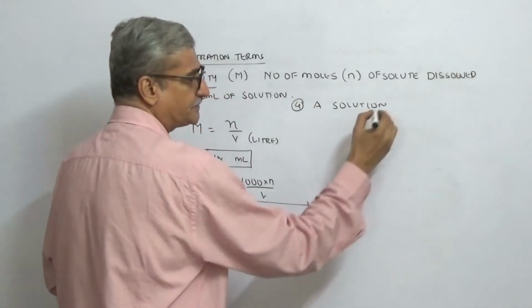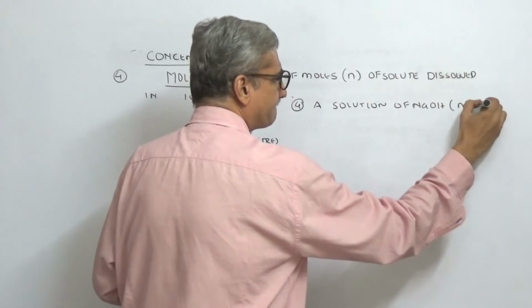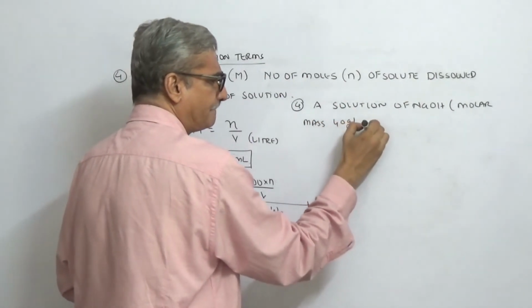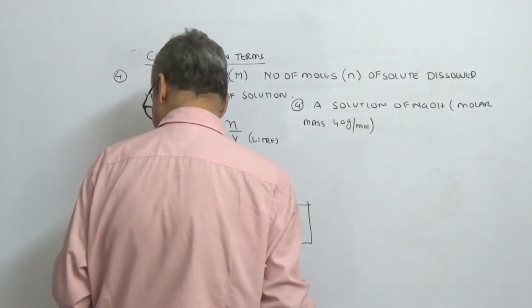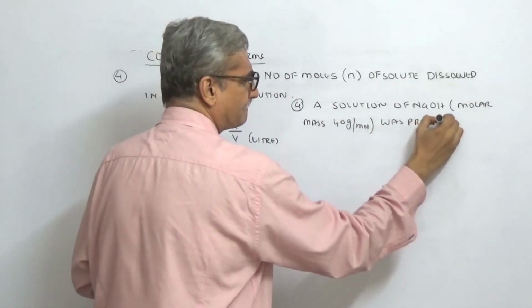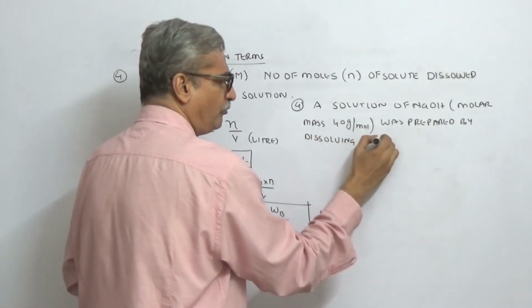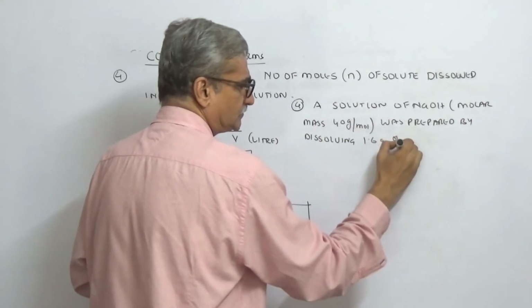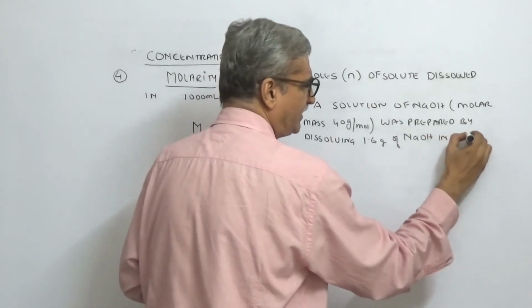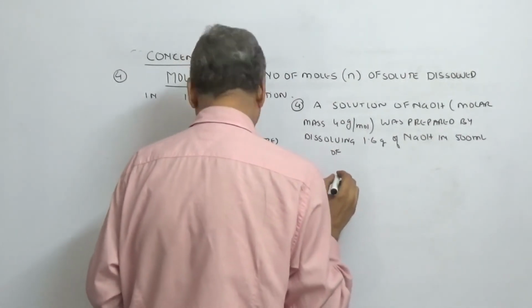A solution of NaOH, molar mass 40 gram per mole, was prepared by dissolving 1.6 gram of NaOH in 500 ml of solution.